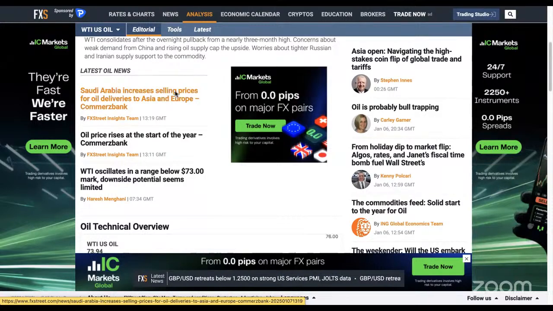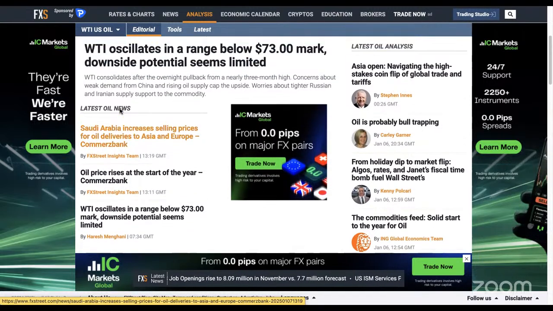Saudi Arabia increases selling prices for oil deliveries to Asia and Europe. So if Saudi Arabia increased the selling prices of oil delivery to Asia and Europe, what do you think Asia and Europe will do? Asia and Europe will now turn over to buy oil from Canada.